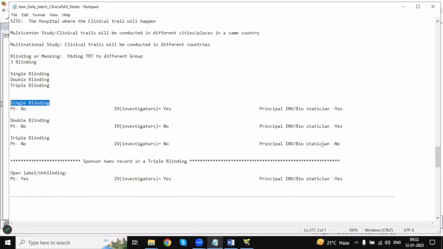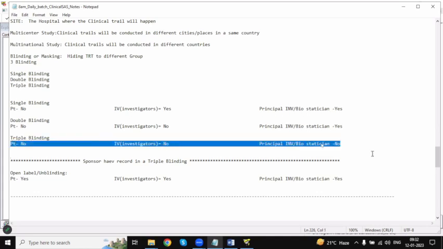That's single blinding. If you are hiding from the patients and investigators both, it's a double blinding study, where only the principal investigator has the information. In a triple blinding, all three, patients, investigators, and principal investigators, don't know.